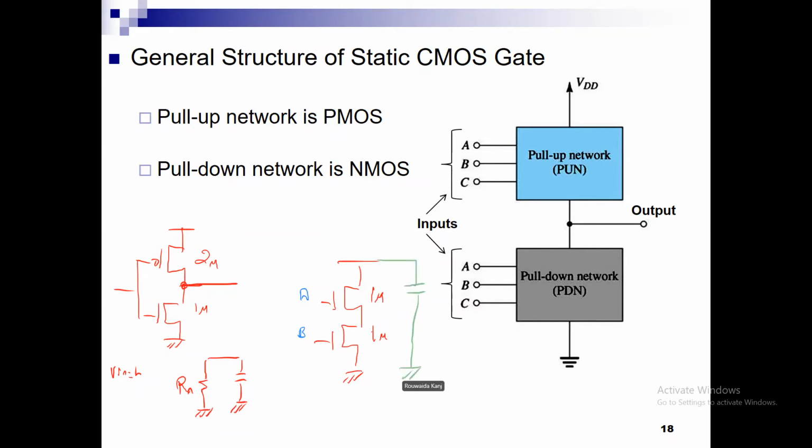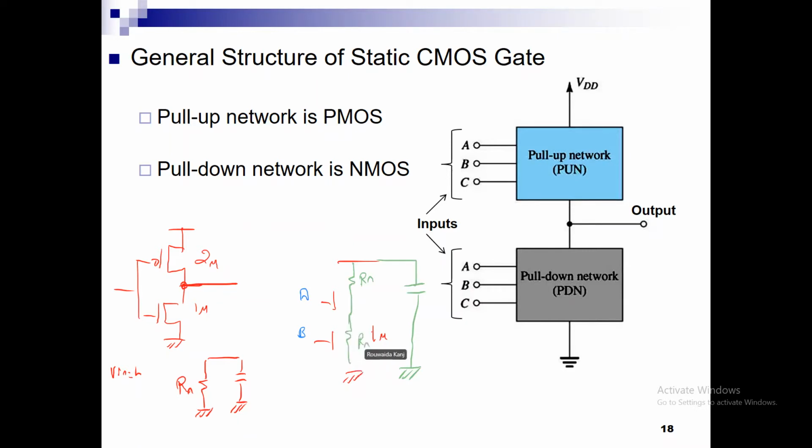Then if they have the same size, they have the same resistance, right? So I would remove the first transistor. This will give me a resistor of value Rn, and the second transistor is also the same size, so it will give me a value Rn.